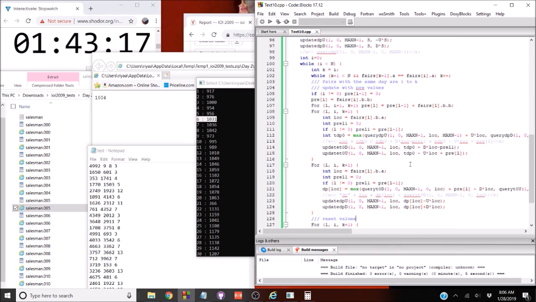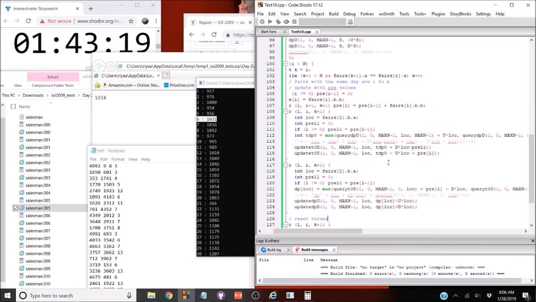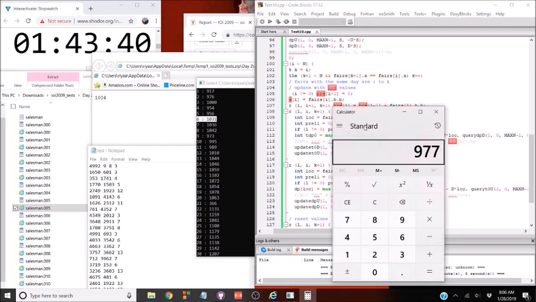And then when I query it for here, we would be querying DPU. And so we would get, let's just say, this value, and then we add U times the current location.